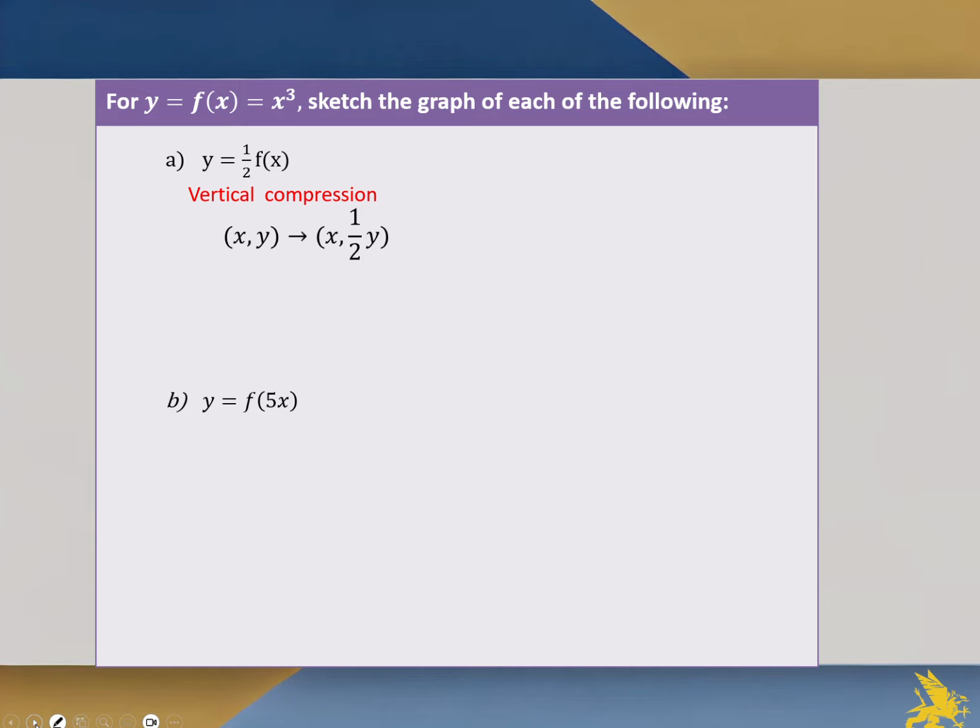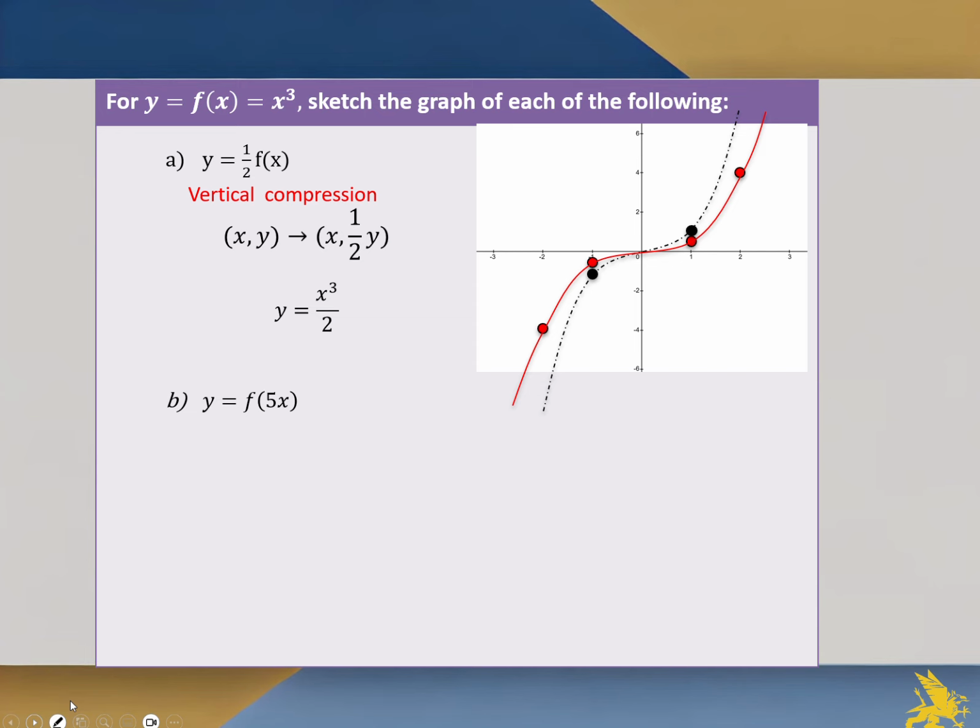So I can rewrite my equation as y is equal to x to the power of 3 and halving it, so dividing by 2. If I put those on there, we can see that it changed and it's getting closer to my x-axis.